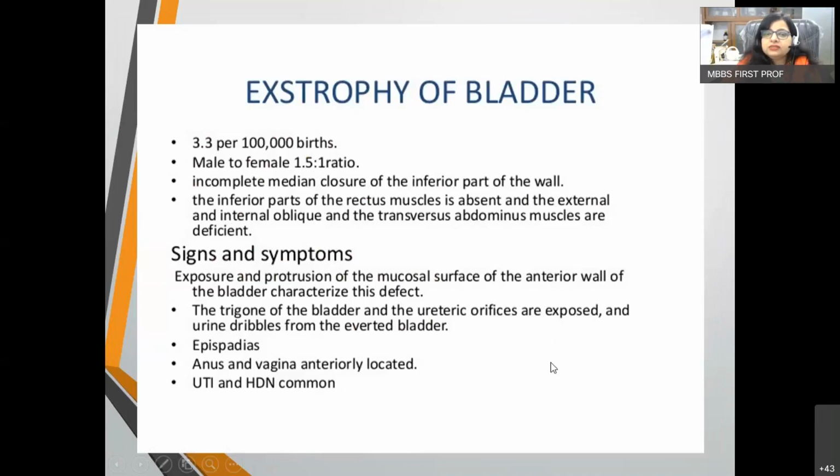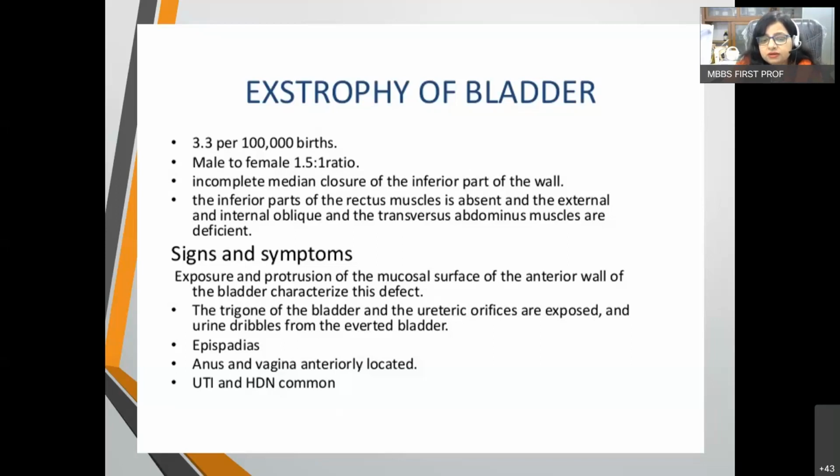Exstrophy of bladder is when the inferior part of the wall is incompletely closed. And this is present in 3.3 per 1 lakh births, more common in males. The condition is characterized by exposure and protrusion of the mucosal surface of the bladder, and urine dribbles from the everted bladder.